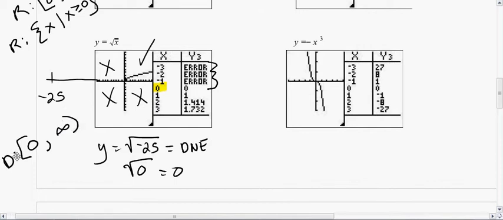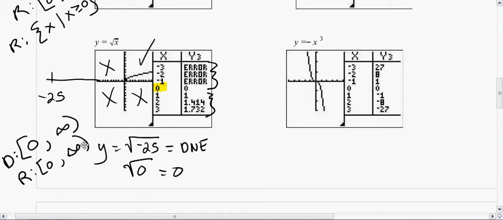There is my domain. My range is never negative. My range is only up in that first quadrant. And if I look at my table of values here, it looks like I only have positive numbers or 0. So my range is exactly the same as my domain. Starts off at 0 and then continues on forever, up to +infinity.